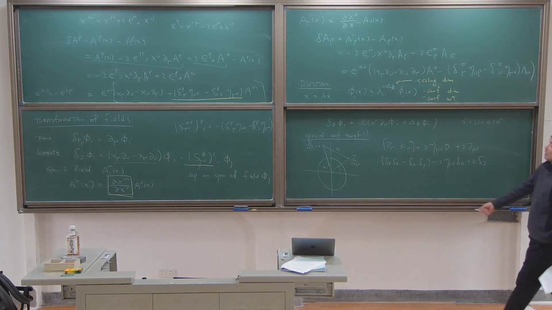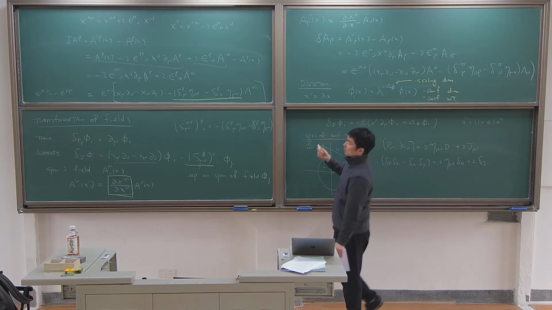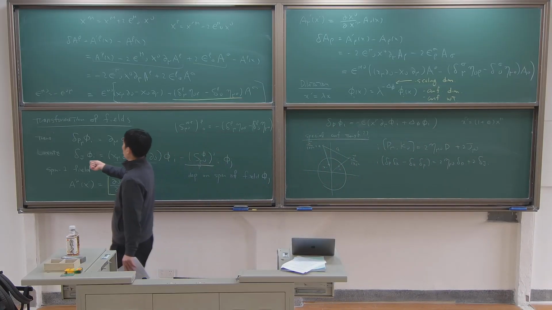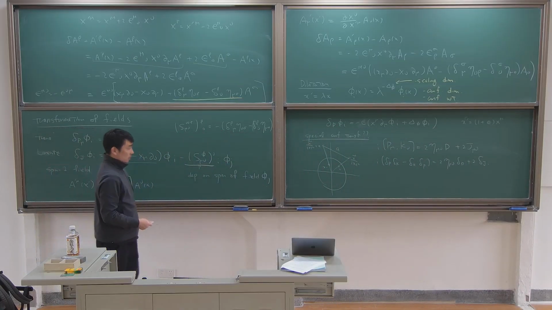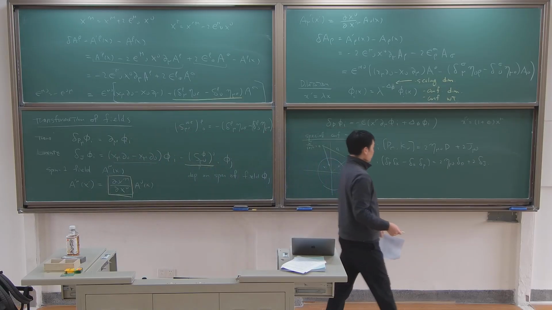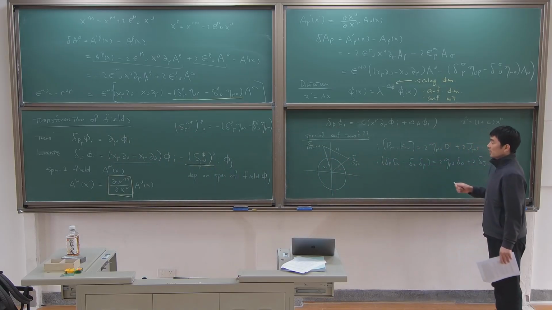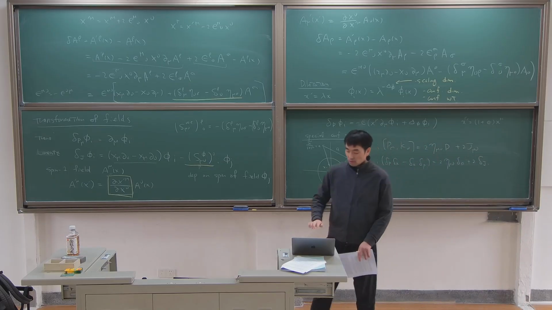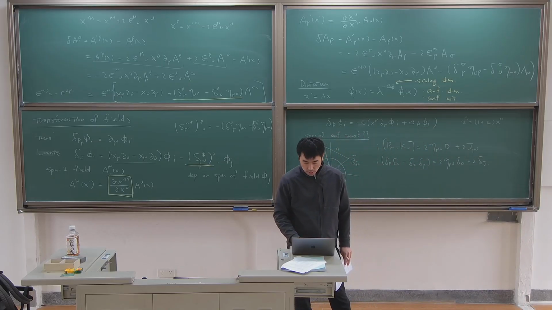And we already know delta D, delta J, and delta P. Therefore, using this commutation relation, even though the special conformal transformation is complicated, one can obtain the transformation rule.